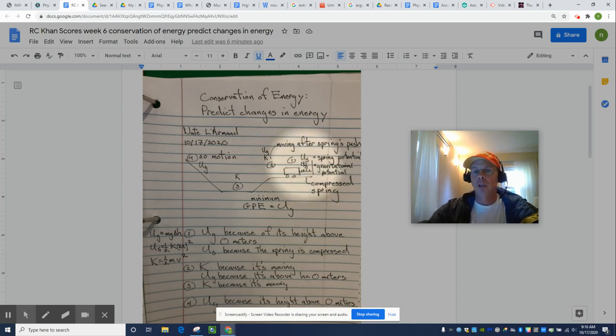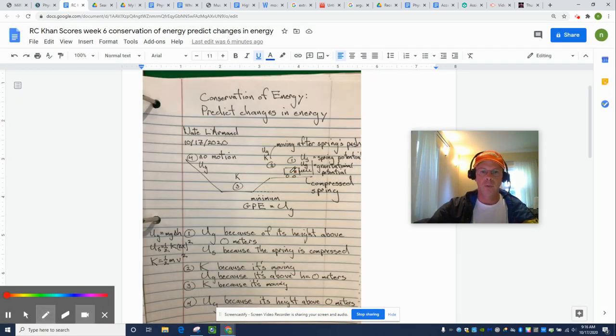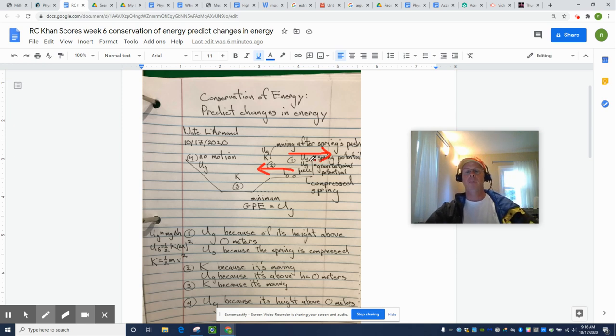In fact, all of the stored spring potential energy is converted into kinetic energy if there is no negative work done by friction. It is moving to the left right here in the negative x direction, but friction acts to the right. So whenever force and displacement are in opposite directions, negative work is done.